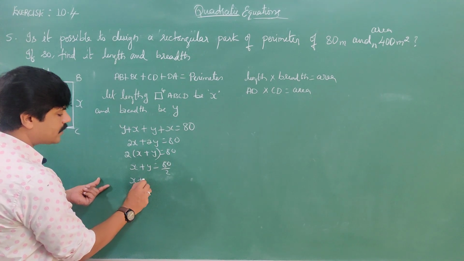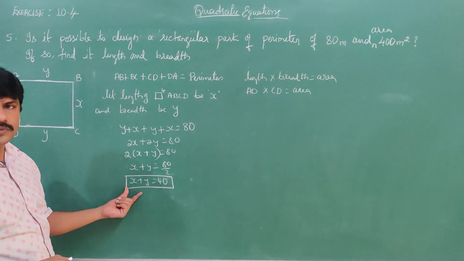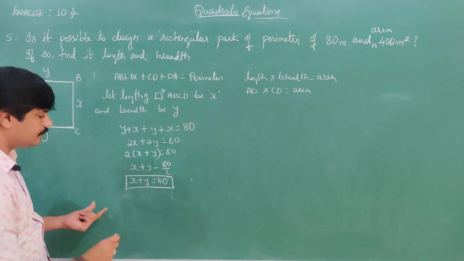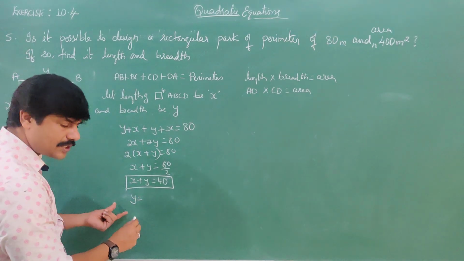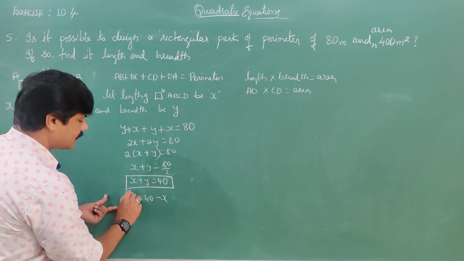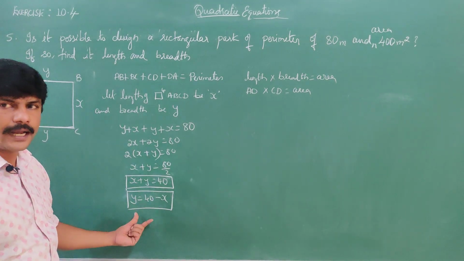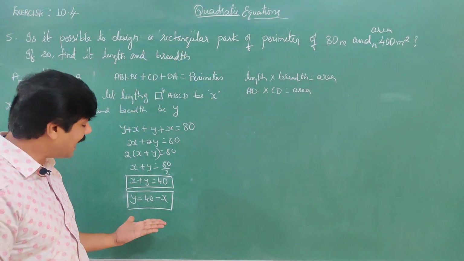X plus Y is equal to 40. Or in terms of Y, Y is equal to 40 minus X. Keep this. From the perimeter value given, we have derived this.